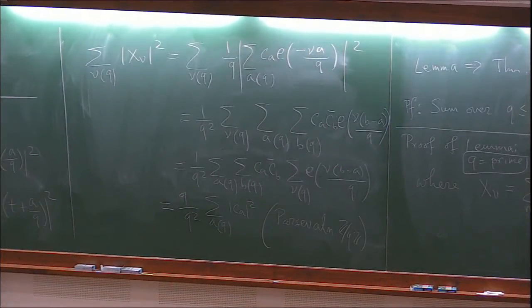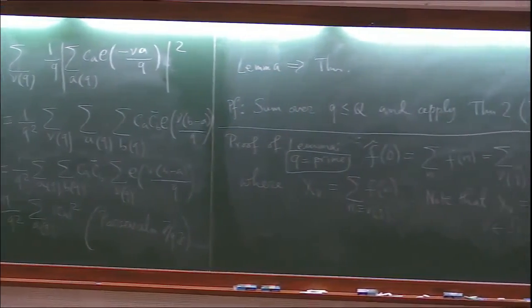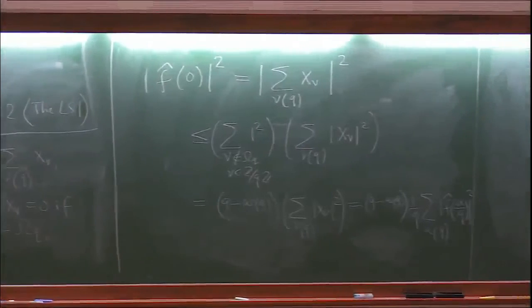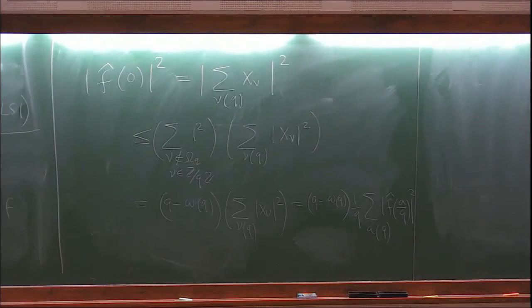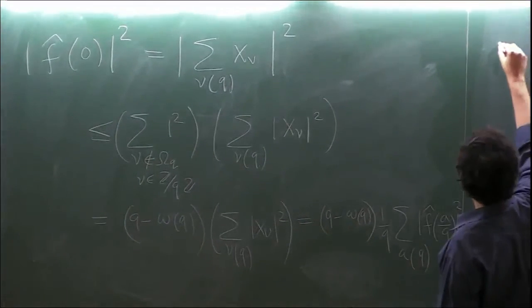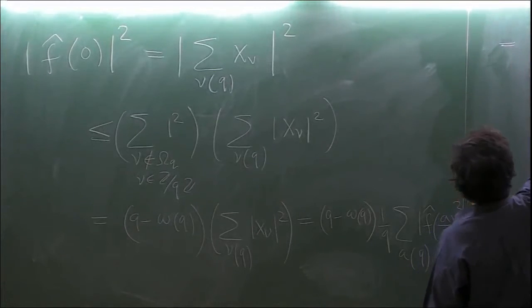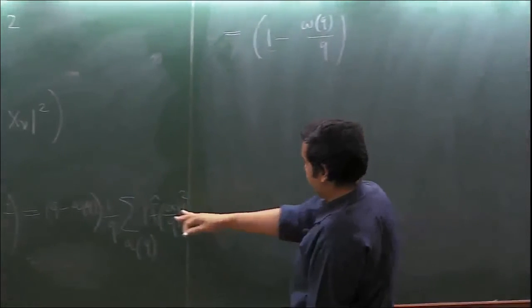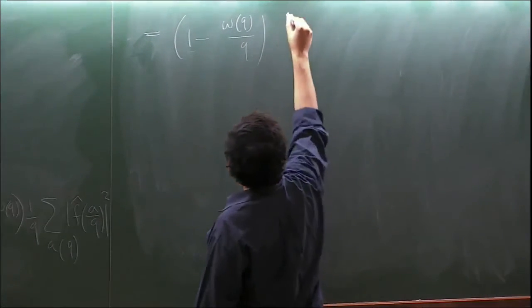Okay, so now we continue from here. We started with this, and we got up to this. Now we write: this is 1 minus omega q by q, and then the sum of f hat at. So I'll separate the zero residue class.